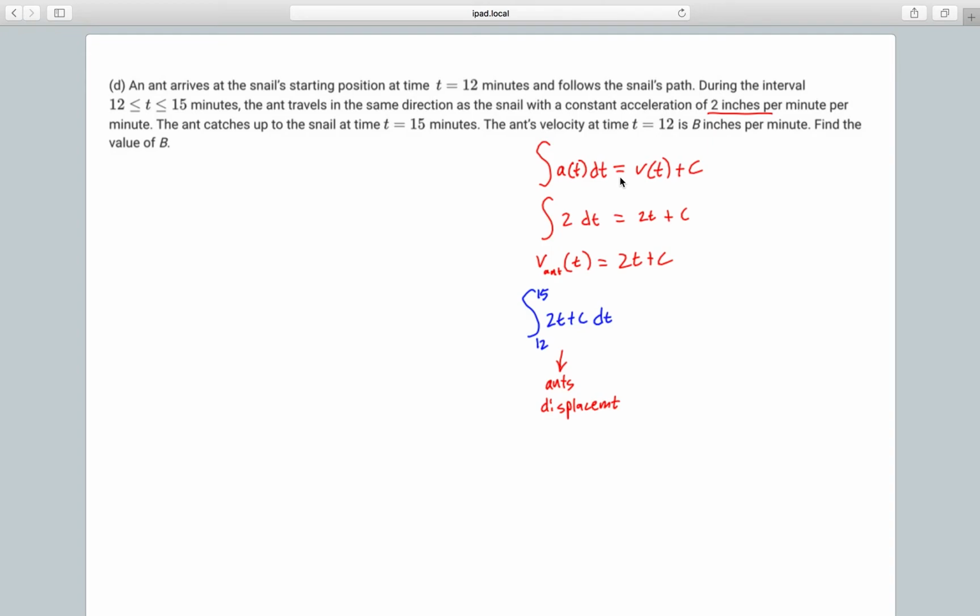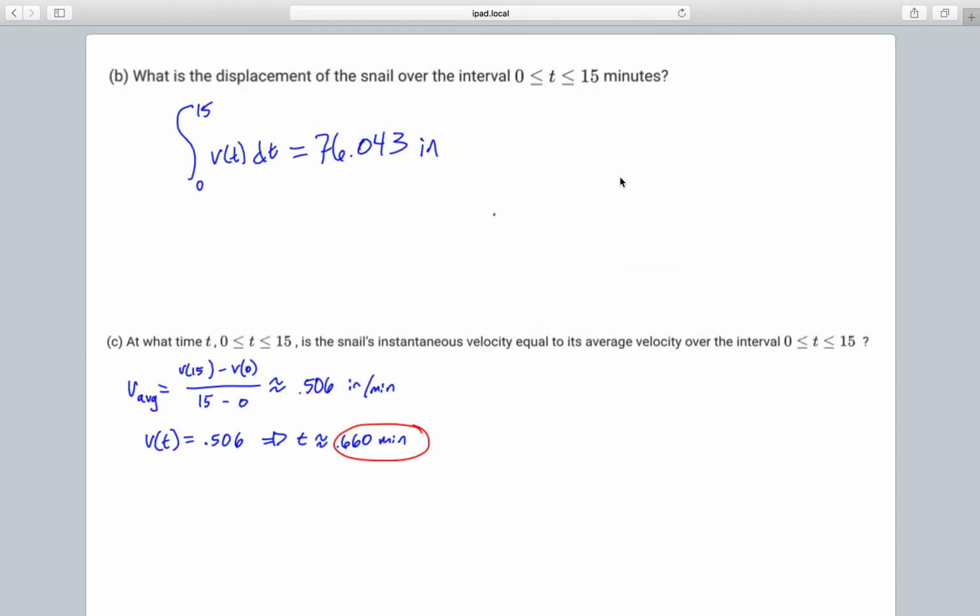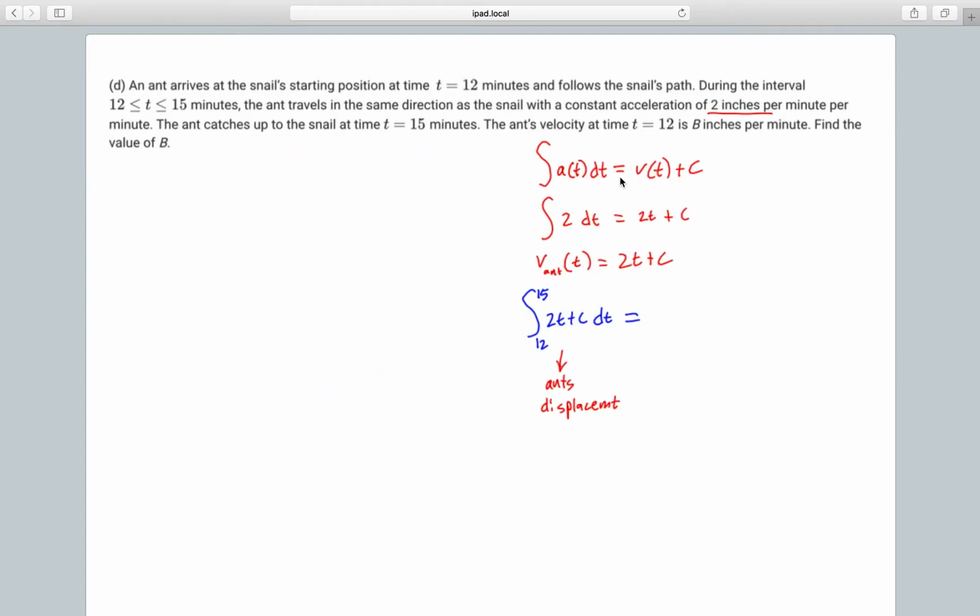But what we know is that the ant catches up to the snail at that point, right? At time 15. And we know the snail's displacement from part B is 76.043. So we know that this definite integral has to be equal to 76.043.